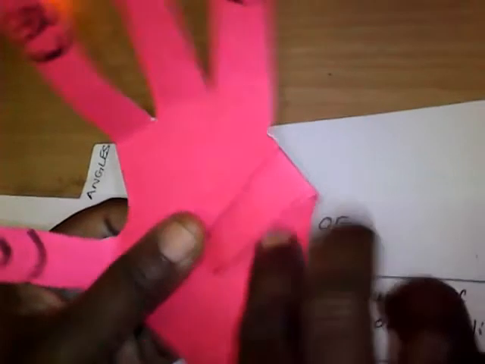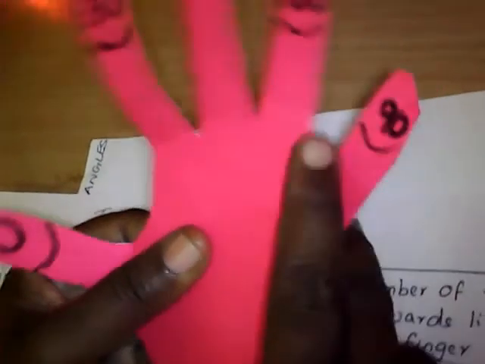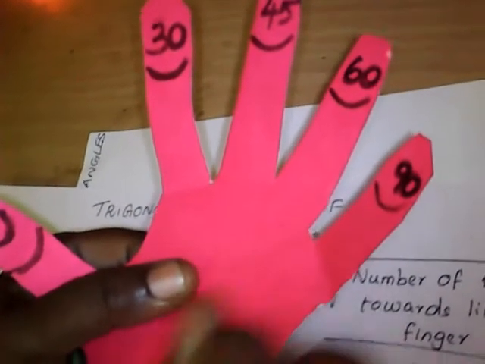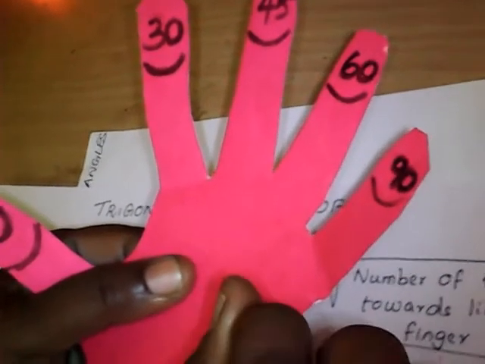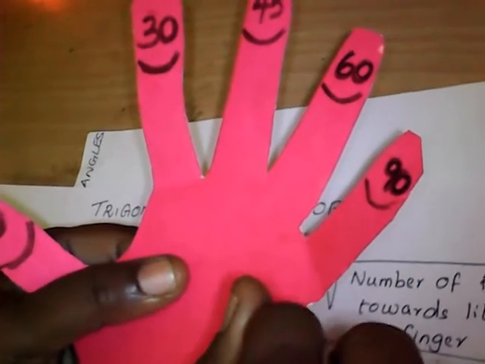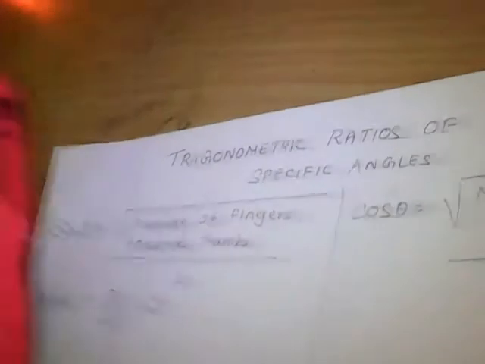So, like this, we will be learning about some specific angles for trigonometric ratios. First I will teach how to find the basic trigonometric ratios. You know that sin theta and cos theta are the basic trigonometric ratios. Let me explain that.